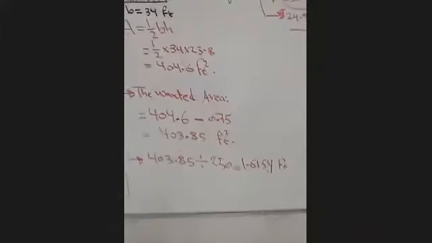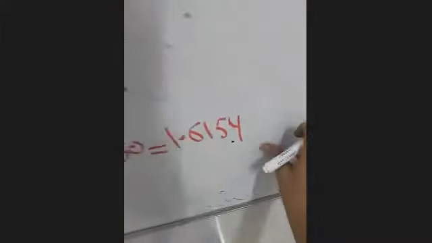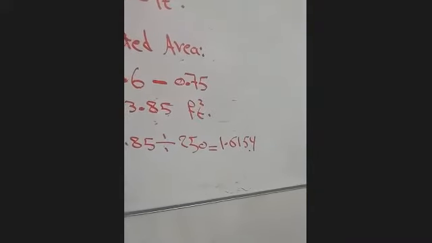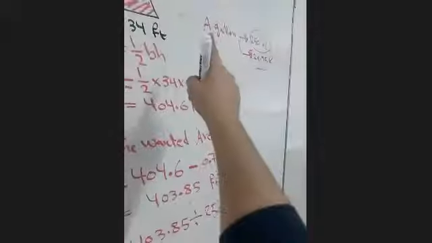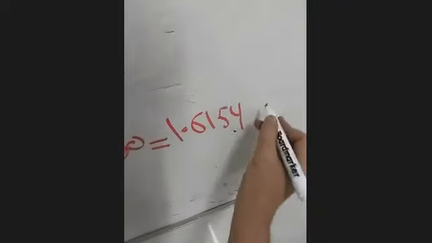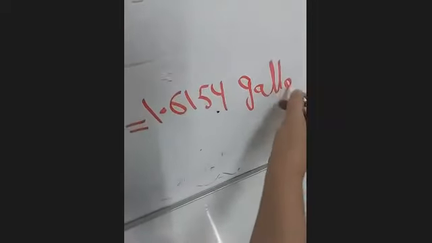I will write the exact answer. Square feet, sorry, gallons. This is the number of the gallons. Each 250 needs 1 gallon, so this is the number of gallons we need.